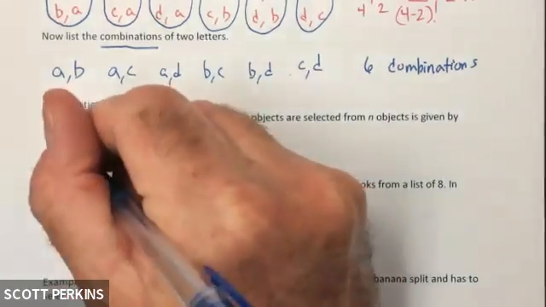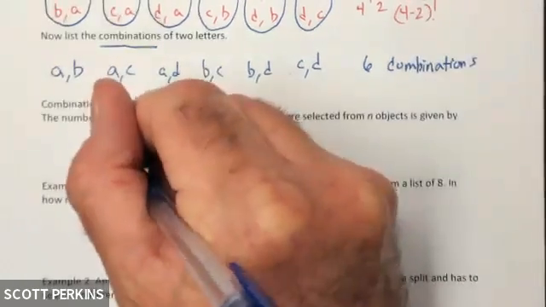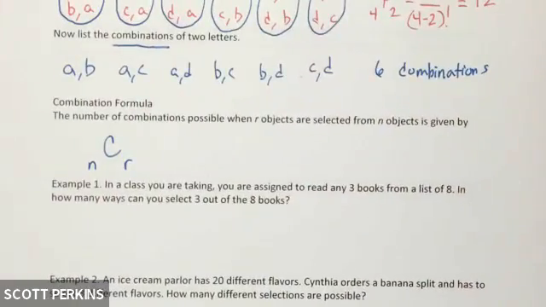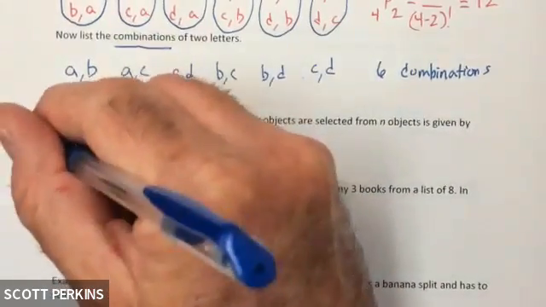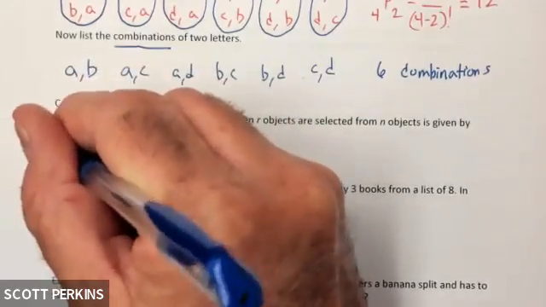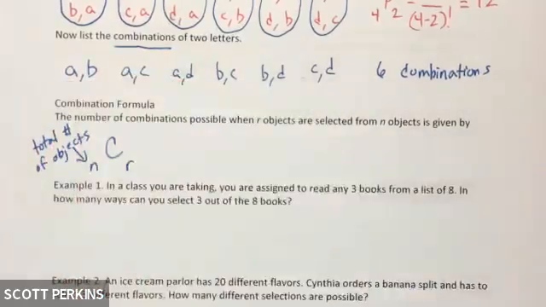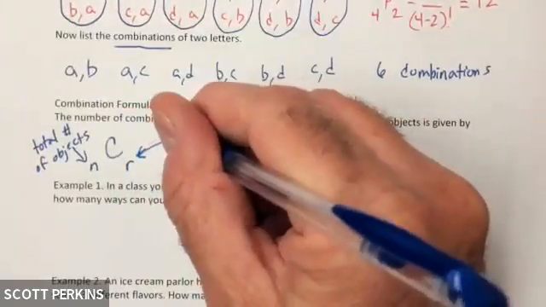Then over here, I put the number of objects, just like we did with the permutation formula last time. And here I use how many I'm using. So I'm going to label these things. N is the total number of objects. R is how many I'm using.